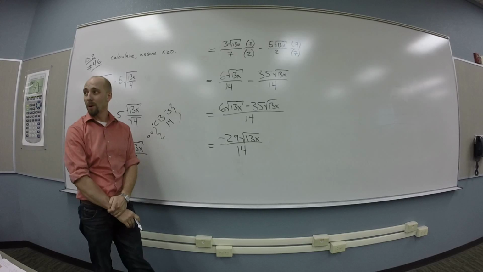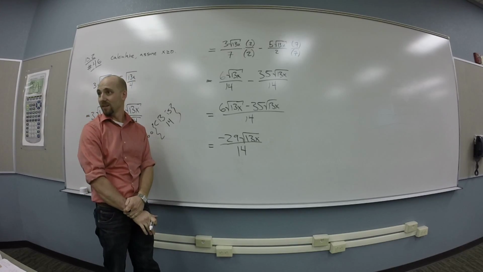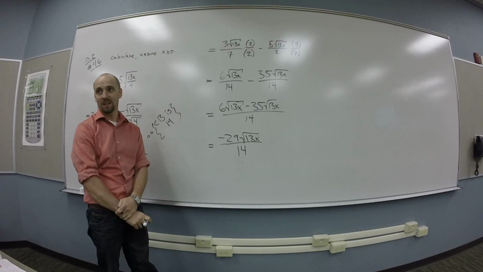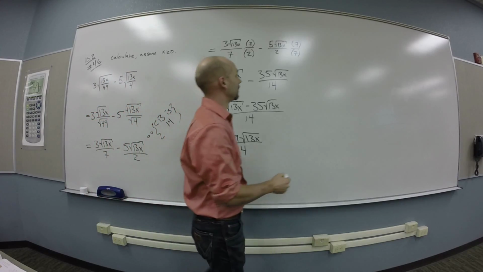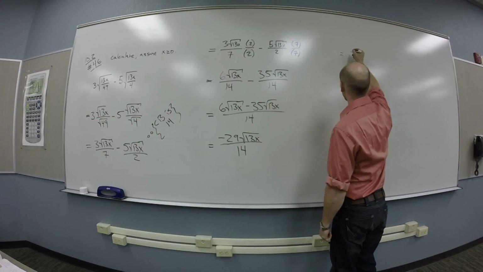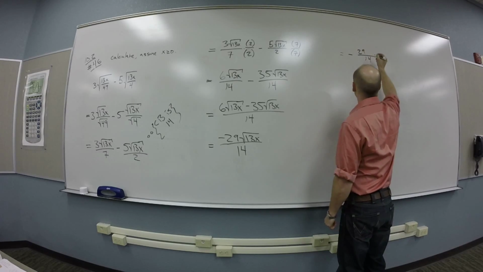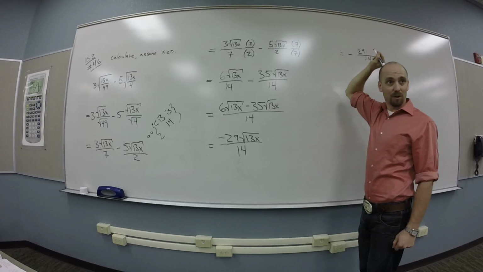The only other step I might be able to do is what? It's the only other thing I can do here. Pull out the negative and put it in front. Okay, yeah, we could sort of rephrase as negative 29 over 14. This was the thing I wanted to break up.